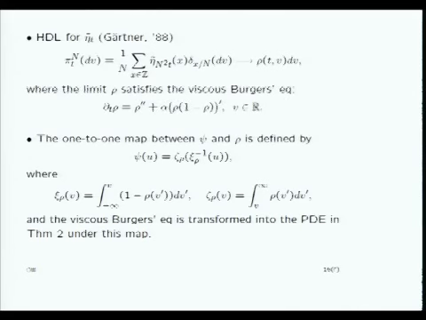And then for the exclusion processes, the hydrodynamic limit was studied by Gärtner a long time ago, more than 20 years ago. And he proved that for the weakly asymmetric exclusion process, the empirical measure of such a process converges to the solution of the viscous Burgers equation.